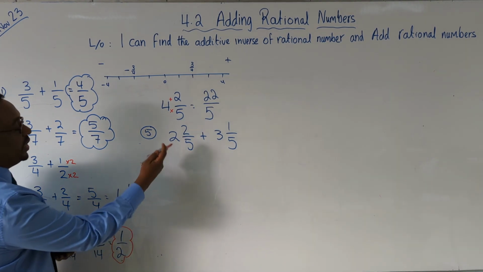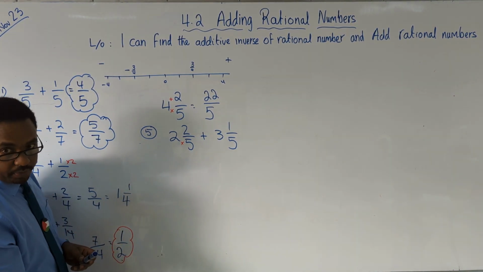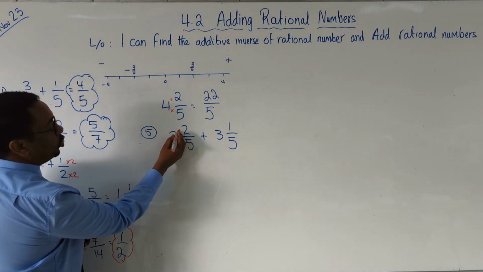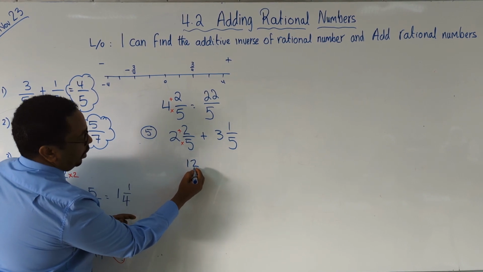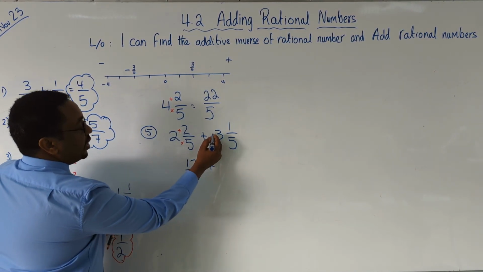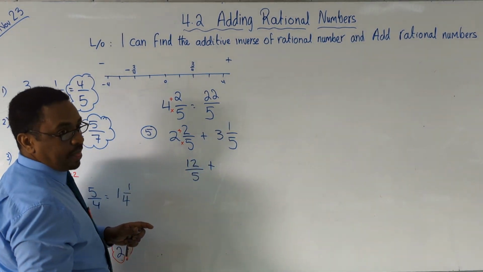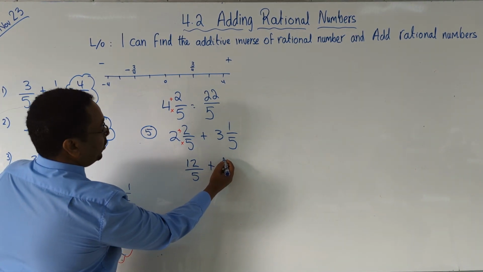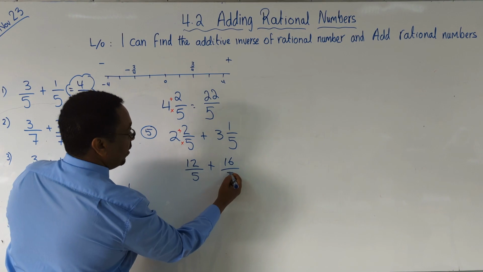So, where do we start from here? 2 times 5, 10 plus 2, so I write down the 12 here. Okay, and then the denominator doesn't change. Plus 3 times 5, 15 plus 1, 16. So we divide here by 5.